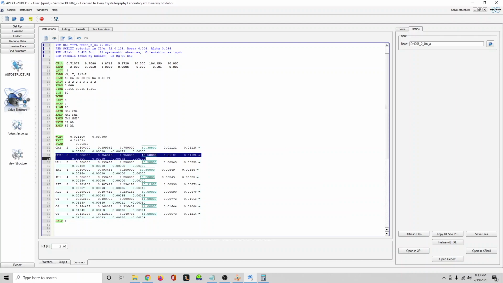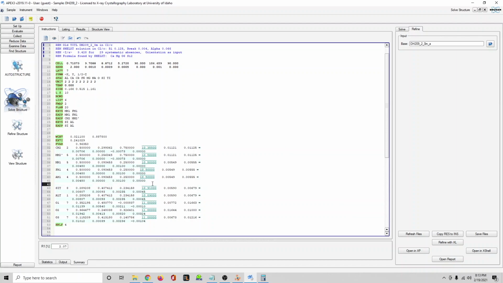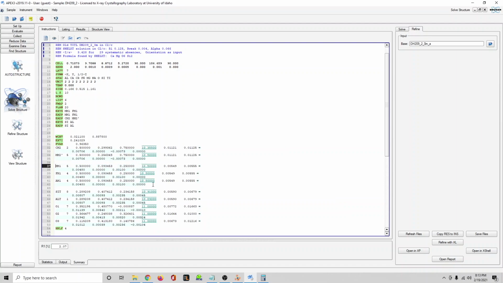This structure, the only real problem is this site, because the split site, even though it accounts for such a small bit of the structure, it can actually host a bunch of different elements. But I'm going to just make an assumption here and say that like chromium and titanium and all this other stuff is all just octahedral, and split it all between the octahedral site. AM flat should be 1.